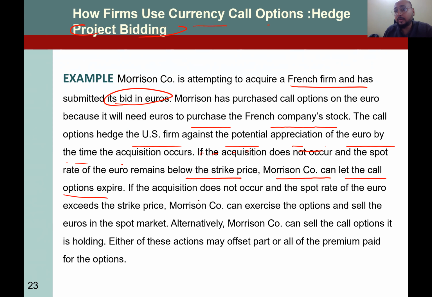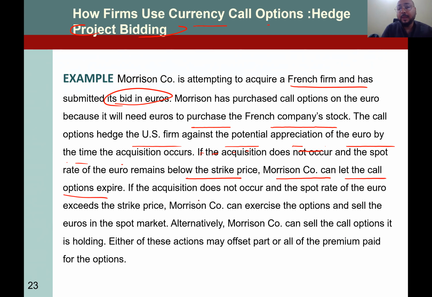Or you can earn a profit as well. If the price of the euro is going down in the market, you can say, okay, I won't buy from you, I buy from the market and let the option expire, that's it. Sorry, I will buy from the market because you are a buyer, not a seller.